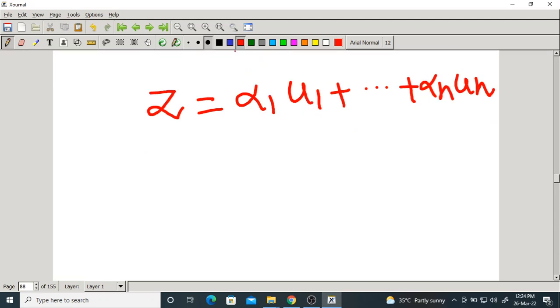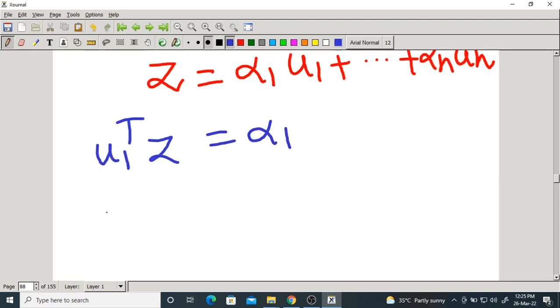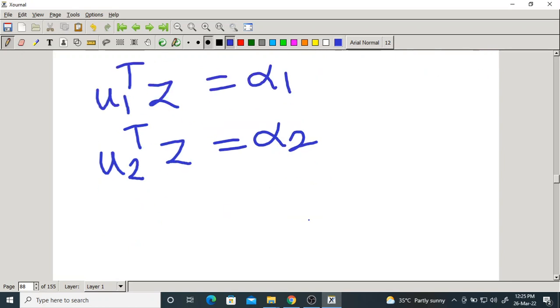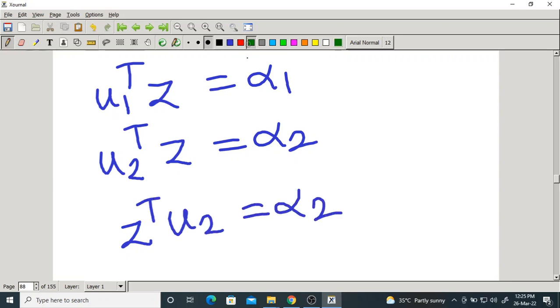So U1 transpose Z equals alpha 1. How to get alpha 2? U2 transpose Z equals alpha 2, just like alpha 1. Or you can also write Z transpose U2, which also gives you alpha 2. Both are valid.